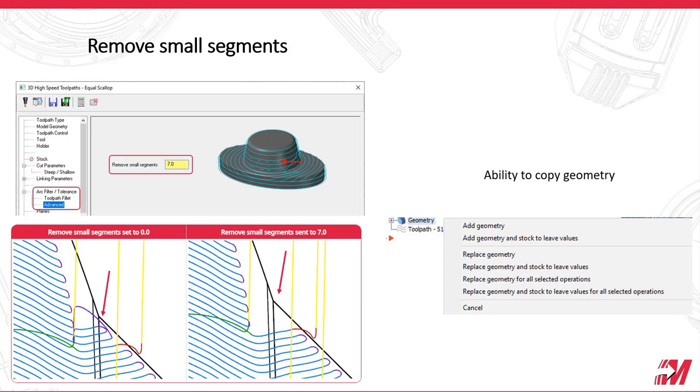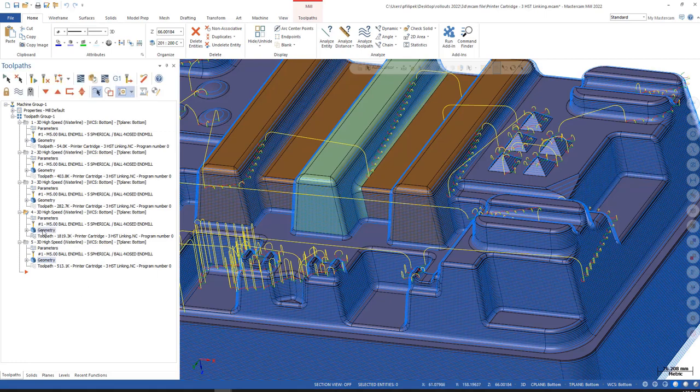And then we did add the ability to copy geometry, so I can show you that, and it's going to kind of work like a tool path. So we'll go ahead and take a look at my file here again. What you can do here is, if you have the geometry, if you right click on it and drag it just like a tool path, you'll get that little phantom geometry block.